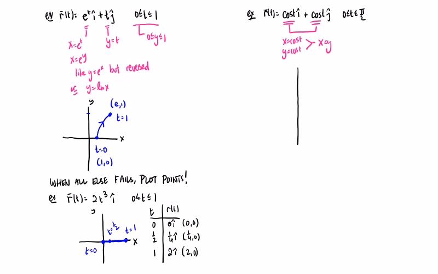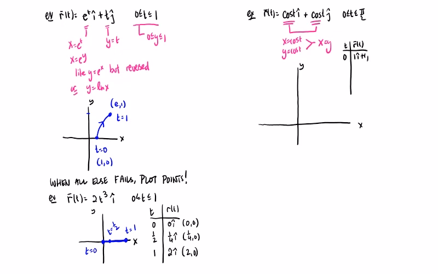So when you draw this, if we plug in some points, again, because we might not really know what's going on, let's do a little set of points on the right here. So t and r of t. When t is 0, we get cosine of 0, which is 1.